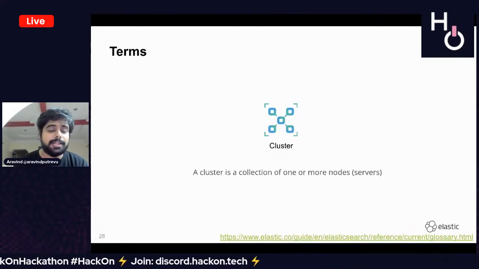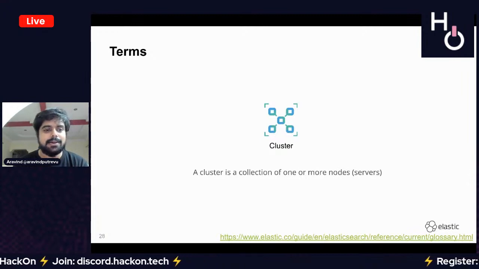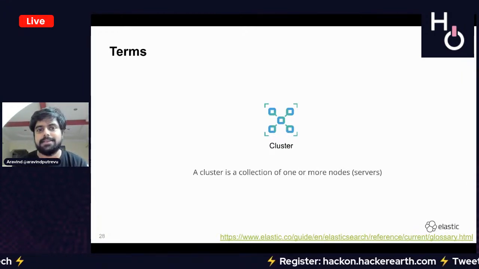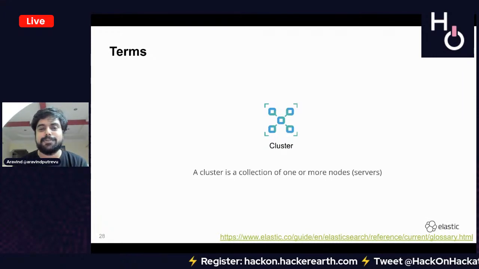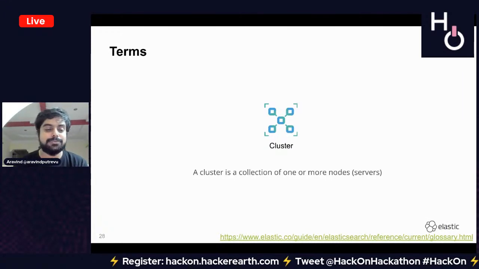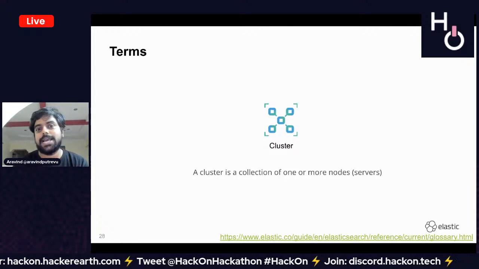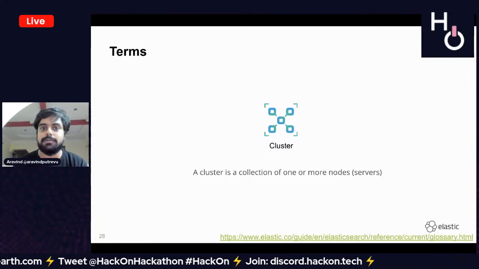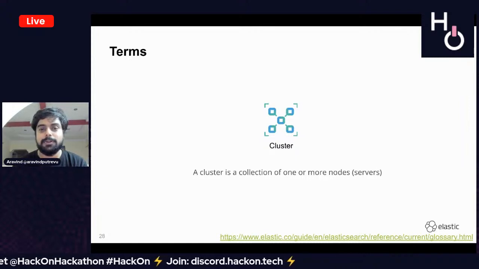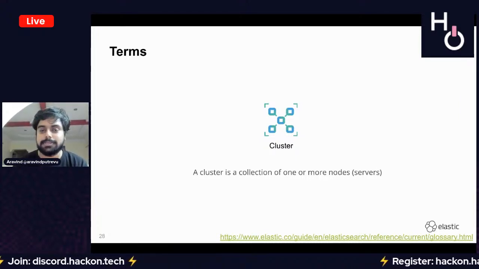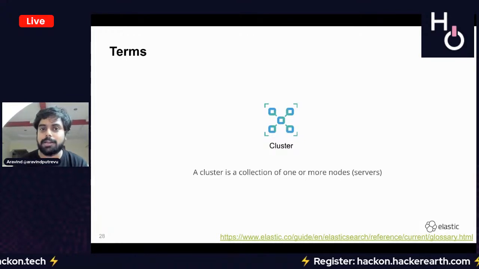I covered a lot in the previous slide, but in detail, I keep using these terms very easily, and probably some of you might not really understand each one of these. So Elasticsearch forms a cluster which has multiple machines in it, with multiple nodes in it, and every time you talk to an Elasticsearch instance, it is part of a cluster.